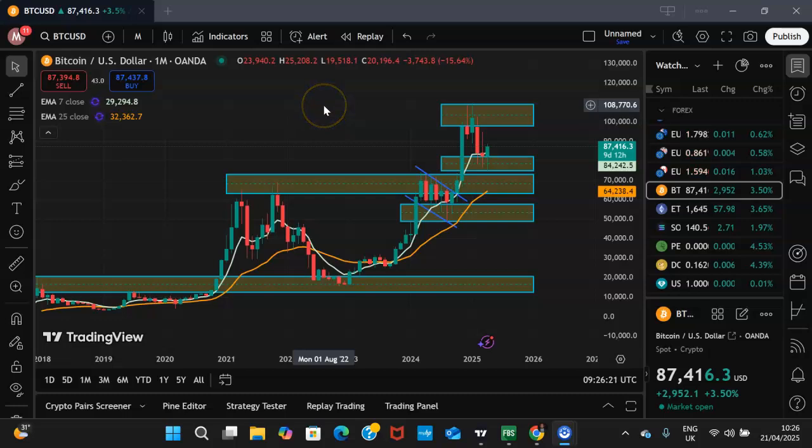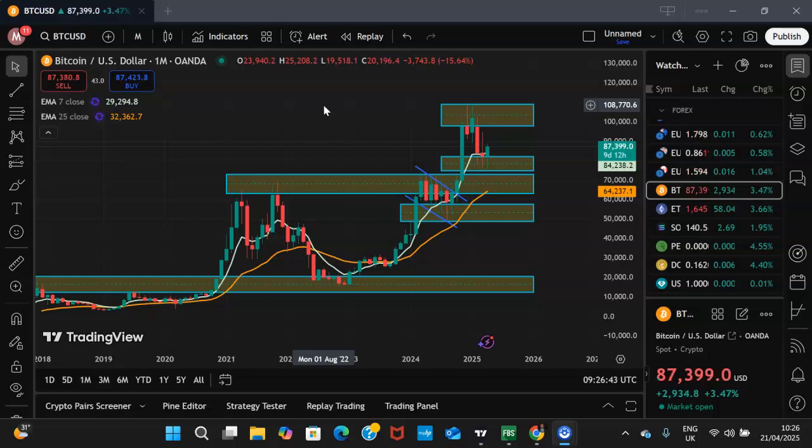Now, what I mean by top to down analysis is the process of evaluating your charts from top to down, which goes from the higher time frame to the lower time frame.